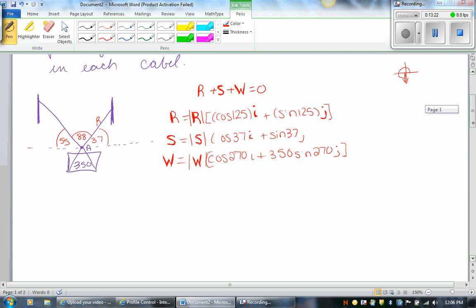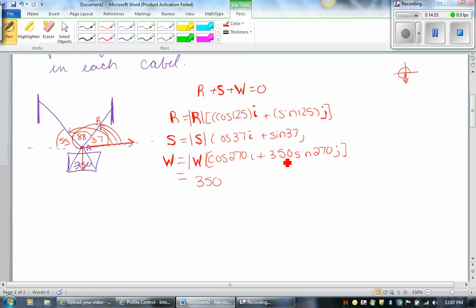So that 125, again, we're going from my horizontal, 125 is here, 37, and 270 is my force going down. All right, so what we wind up with when I look at just this piece here, my magnitude of W, 350 cosine of 270 i, and cosine of 270 is 0, so that piece is 0.